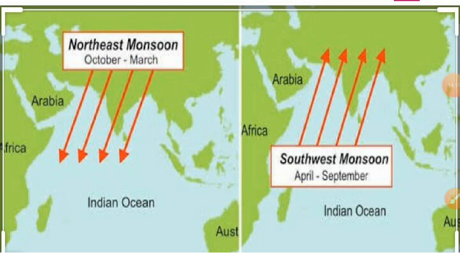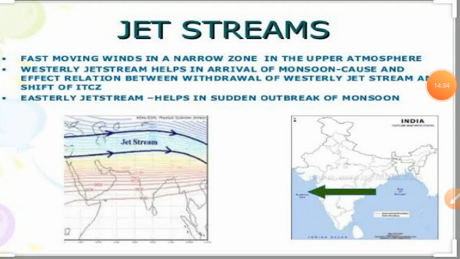Next, the divisions of monsoon. It is divided into the northeast monsoon and the southwest monsoon. Northeast monsoon flows from land to sea. Southwest monsoon flows from sea to land. The next important question is jet stream.